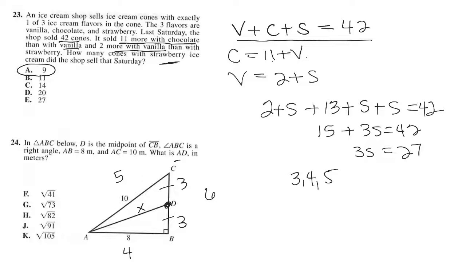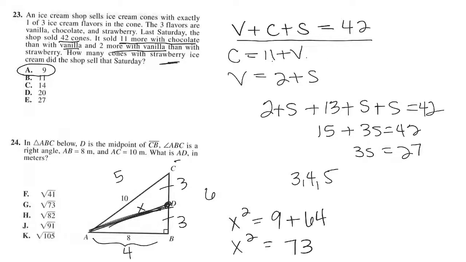And so that's going to help us try to figure out our other side. So now we can go ahead and set up the Pythagorean theorem again and solve for this part here. So I know I'm going to have that missing side squared is equal to 3 squared plus 8 squared, so 64. So that tells me x squared is equal to 73. So it looks like we're going to get answer choice G.